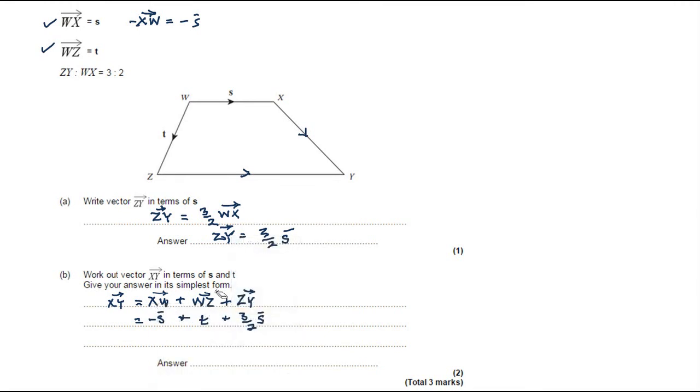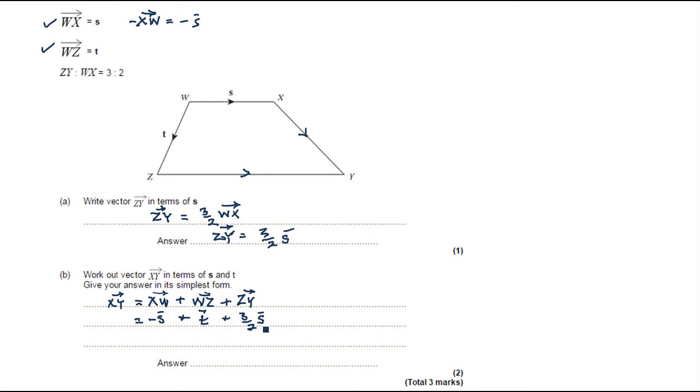That's looking like a T. Okay, so just put that line above. You can put the line above or below, but as long as you're consistent, that will be fine. So now we've got XY equals minus S plus T plus 3/2 of S.